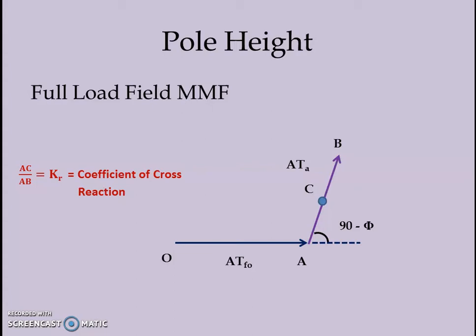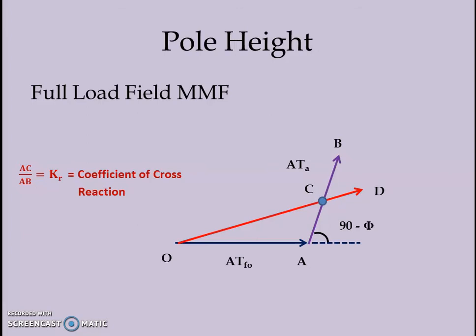Once we decide point C, we draw another phasor starting from the point O and crossing the point C.